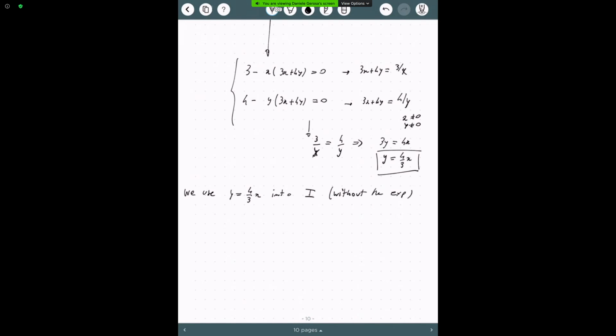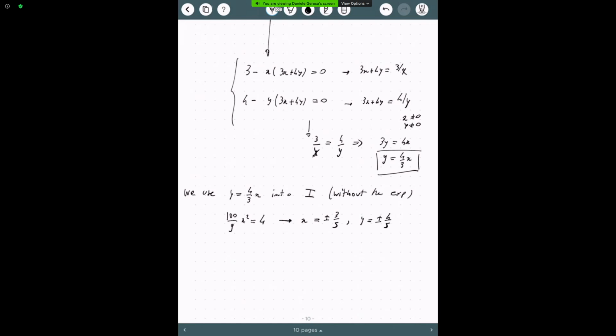And what do we get? If you substitute, you get essentially an equation of second degree in x that can be easily solved, and you get that x is equal to plus or minus 3 divided by 5, and as a consequence y is equal to plus or minus 4 divided by 5, right?